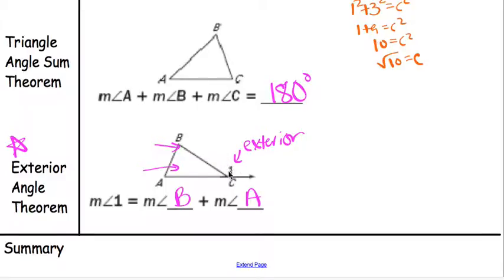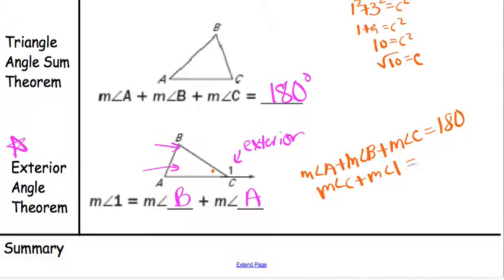And the reason that this works, just to show you why this happens, is that the measure of angle A plus the measure of angle B plus that inside measure of angle C add to 180. Also, the inside angle at C plus the measure of angle 1 also equal 180 degrees.